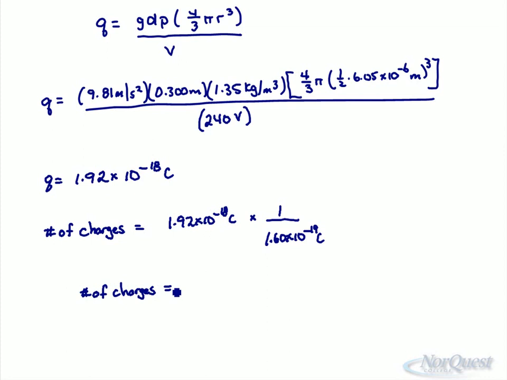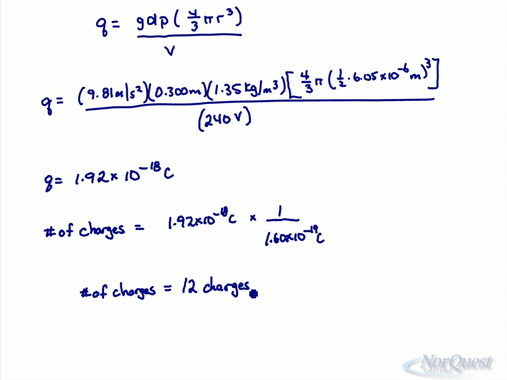Divide this by 1.6 to the exponent negative 19, and you get 11.99 or 12 charges. We do not know if this is negative or positive yet. I'll have to go back to my diagram to check it. But again, just a reminder, if you're finding number of charges, you're basically taking your total charge, dividing by the elementary charge off your data sheet to find the number of individual charges.